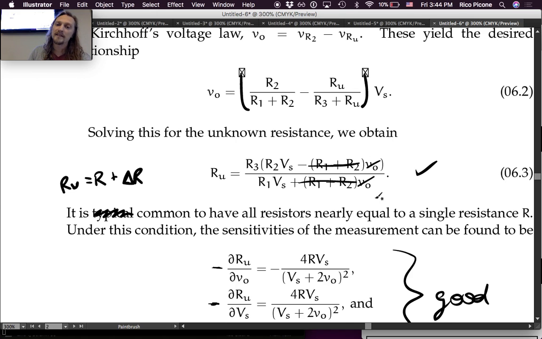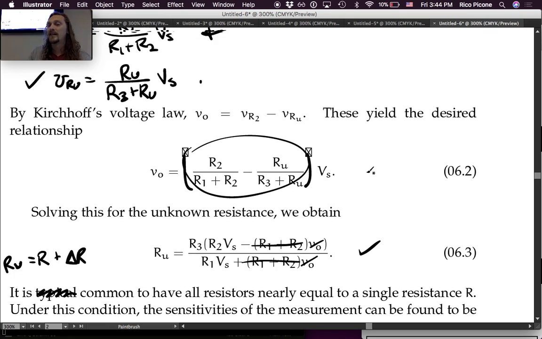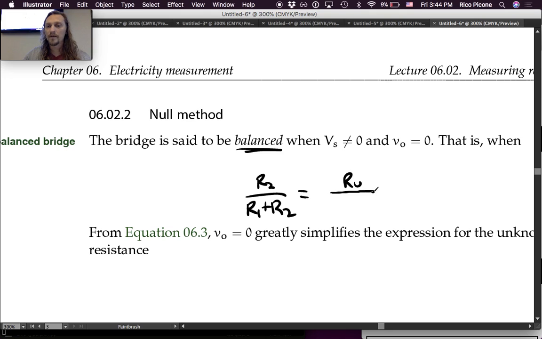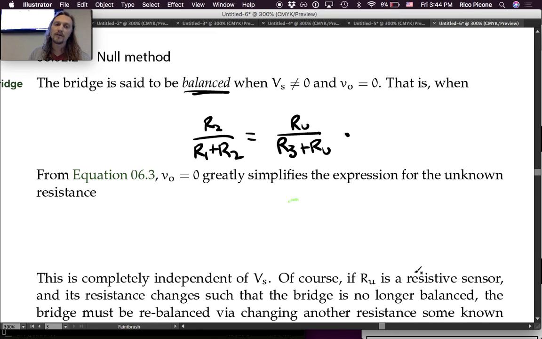And then in this expression, if V out is 0 and Vs is not 0, that means this term has to be 0, right? So we just say that R2 over R1 plus R2 has to be equal to RU divided by R3 plus RU. When this is true, we have a balanced bridge.